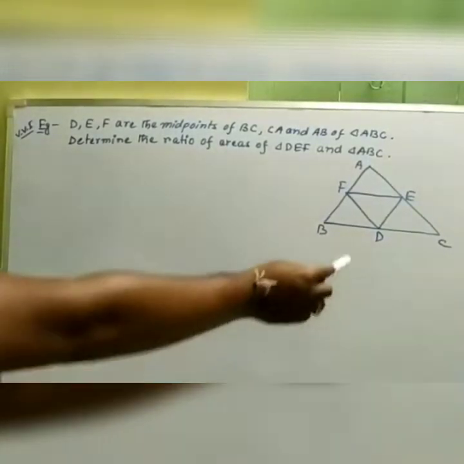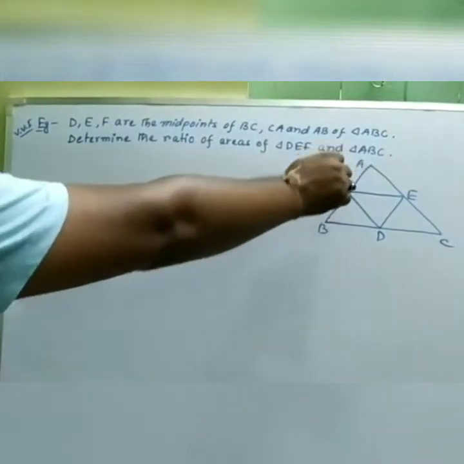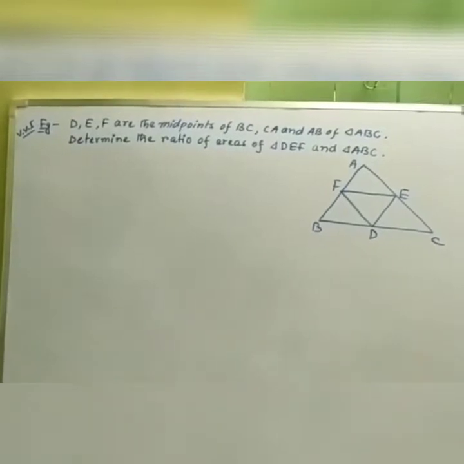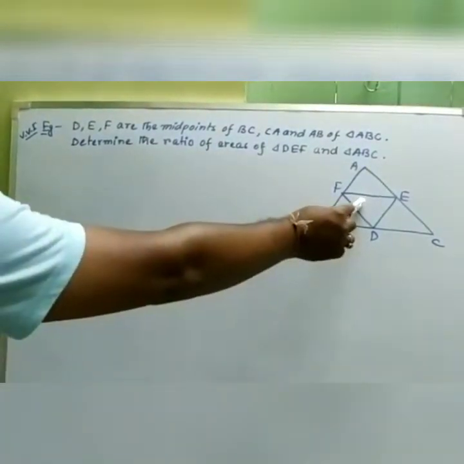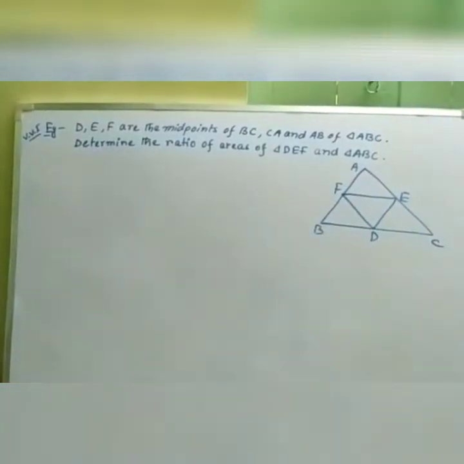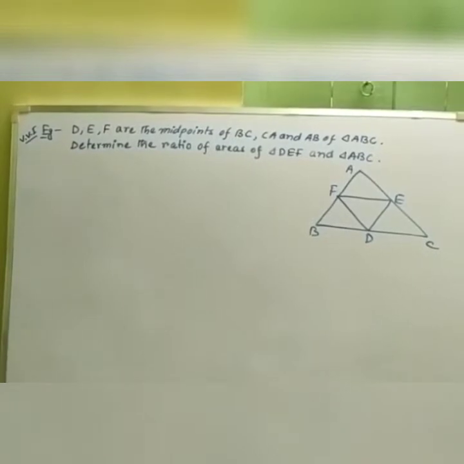You need to find the ratio of the small triangle DEF and the whole triangle ABC. Okay, so let's go for the solution, how to solve it.